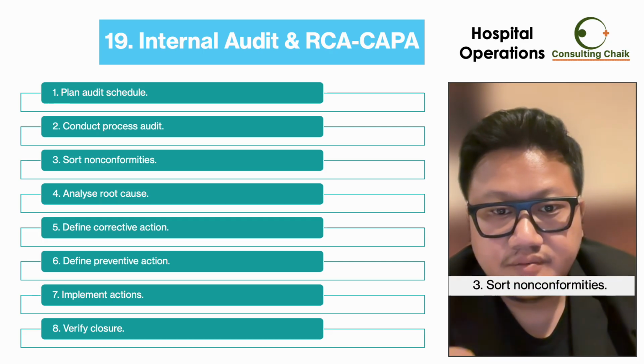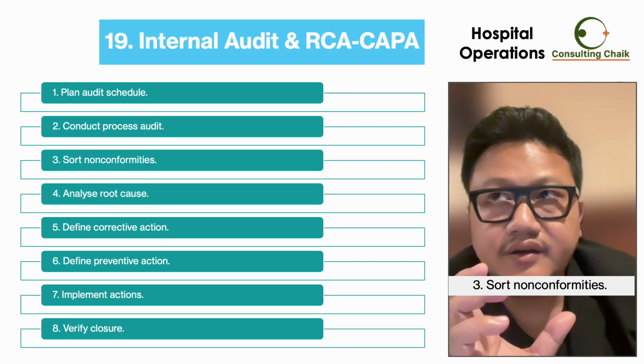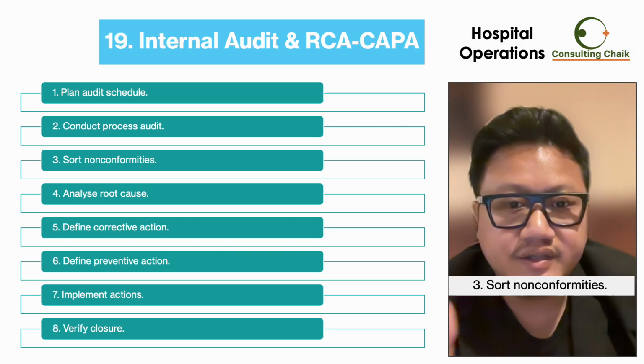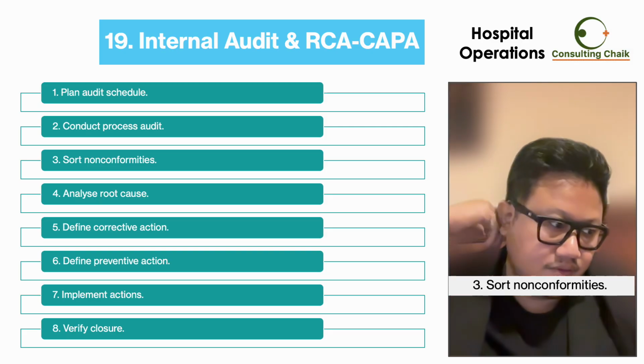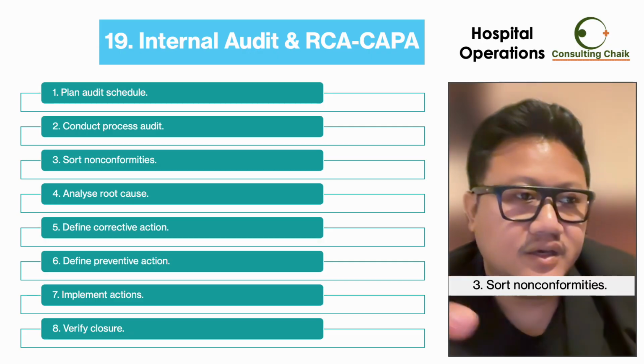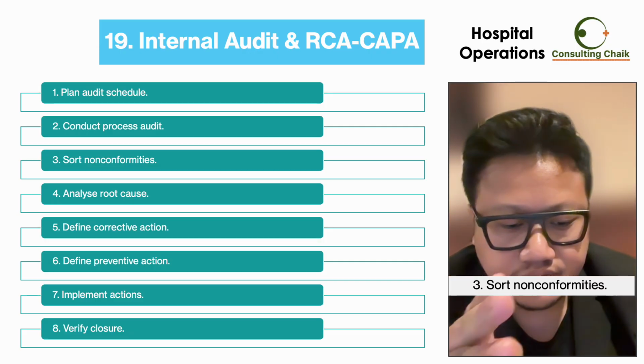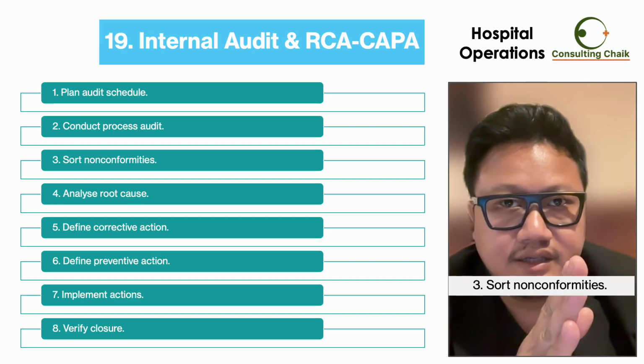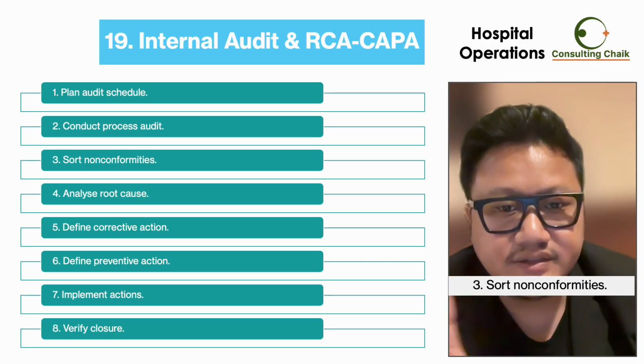Then after the audit, you need to sort the non-conformities. I generally use a checklist that I've made as per the standard. Each standard is seen in 2 dimensions.